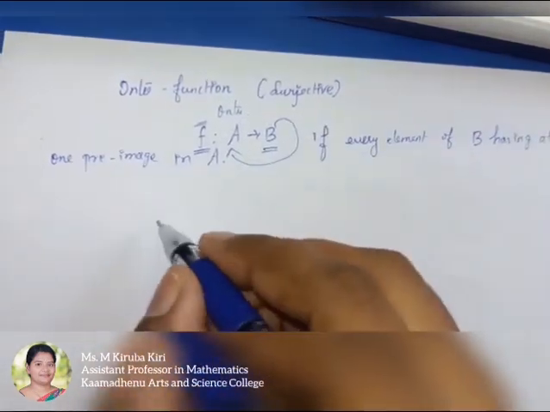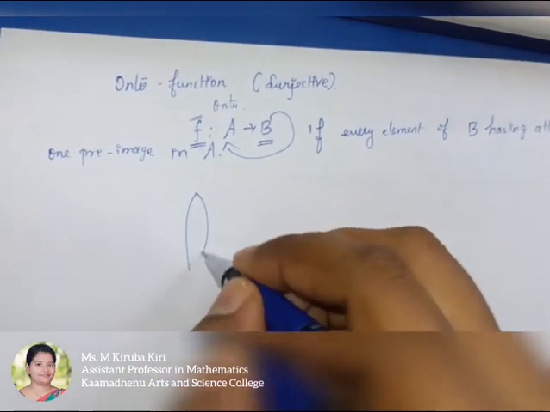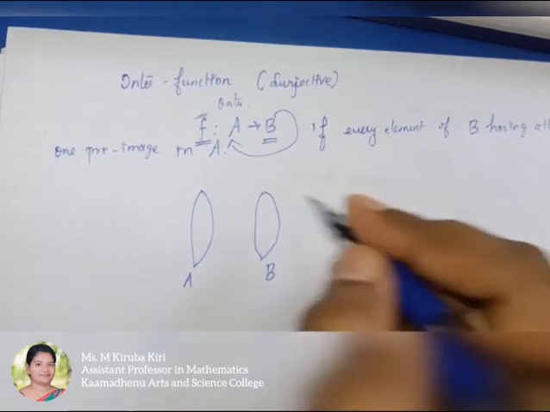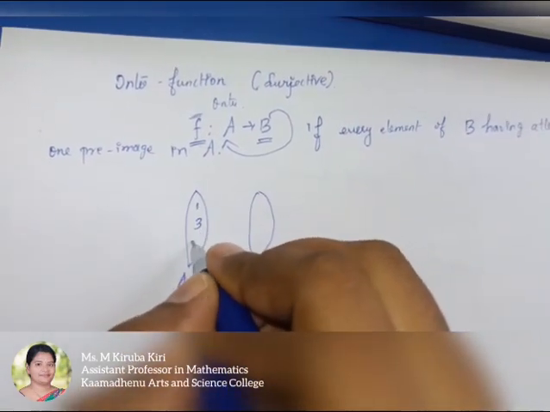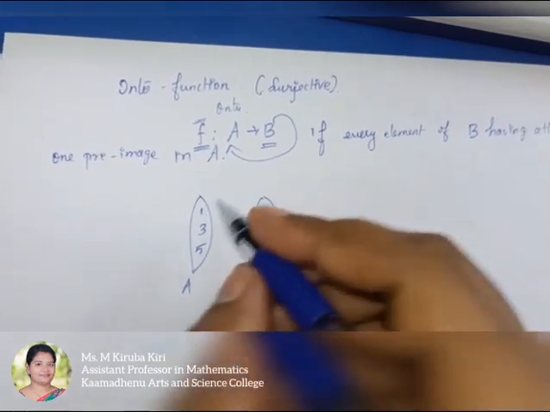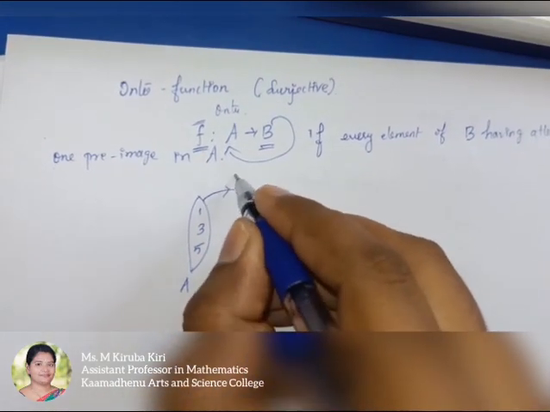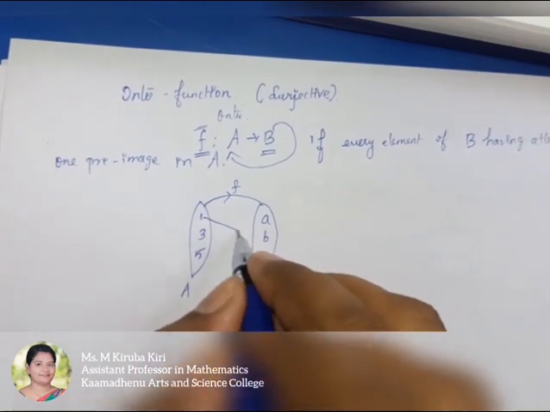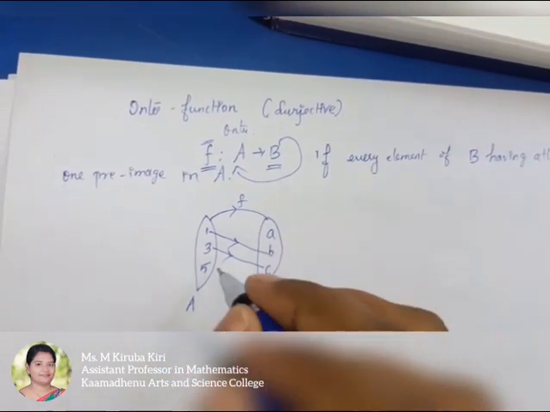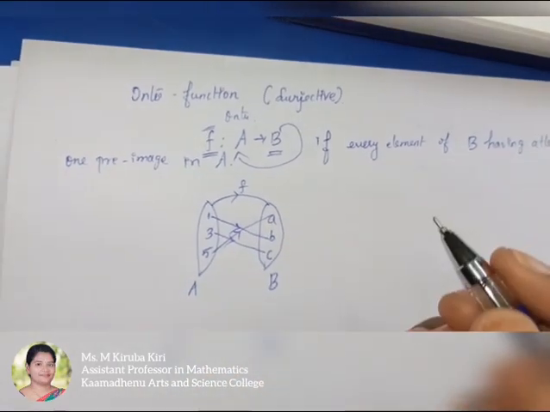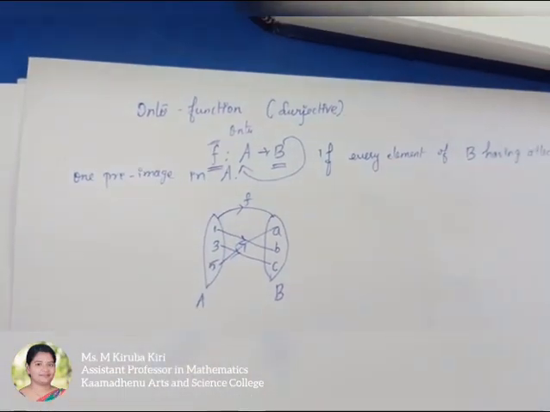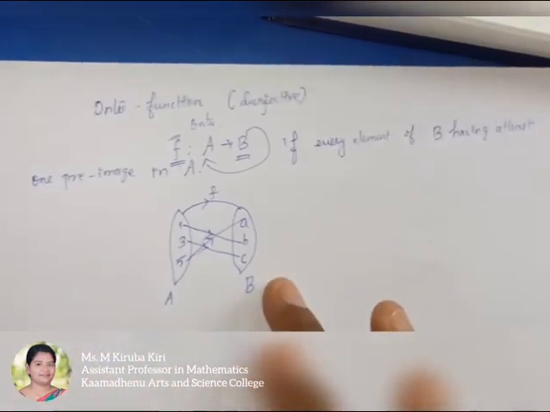For example, I take sets A and B. A contains the elements 1, 3, 5 and B contains the elements a, b, c. f is mapping from A to B. 1 is related to b, 3 is related to c, 5 is related to a. First of all, we need to check whether f is a function or not.